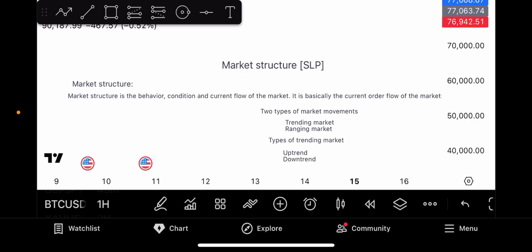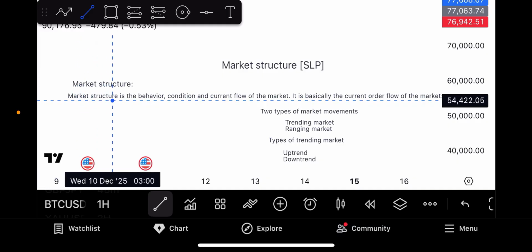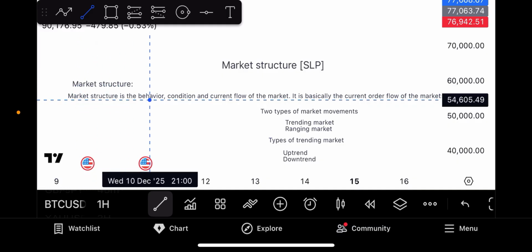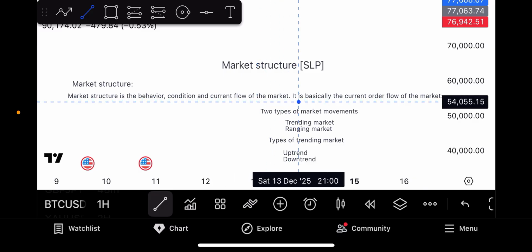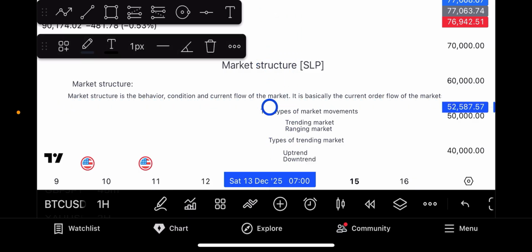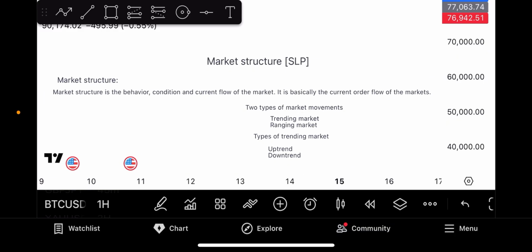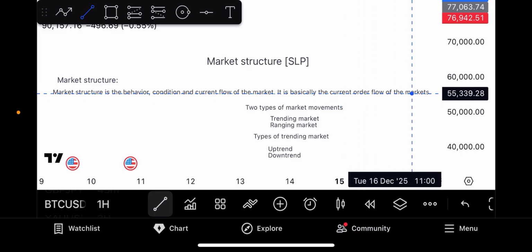So let's dive in. First of all, what is market structure? Market structure is the behavior, condition, and current flow of the market. It is basically the current order flow of the market.